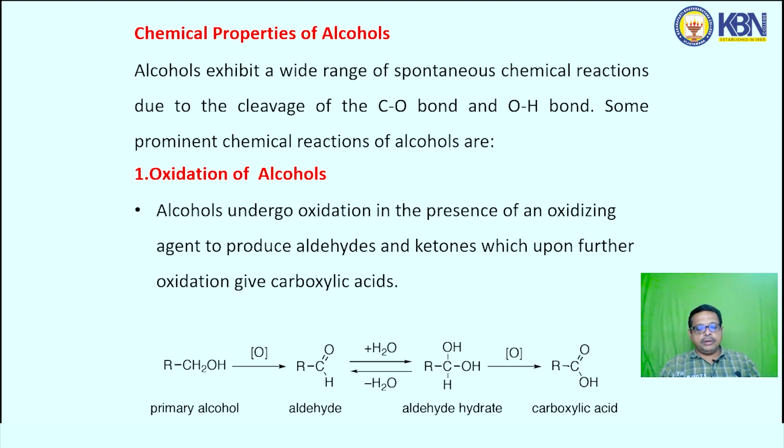In the general example, when a primary alcohol undergoes oxidation in the presence of an oxidizing agent, it will produce aldehyde, which upon further oxidation gives the carboxylic acid. So primary alcohol will be converted to carboxylic acid by an oxidizing agent.